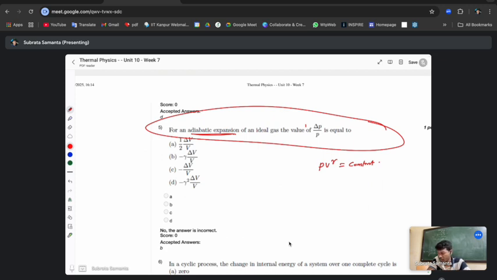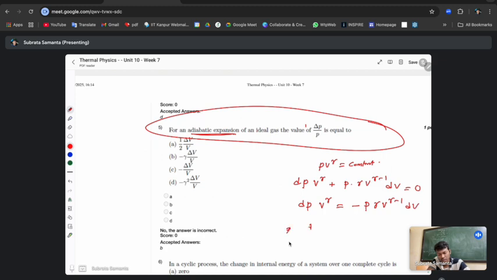Differentiating this equation, we get dP V to the power gamma plus P times gamma V to the power gamma minus 1 dV equals 0. So dP V to the power gamma equals minus P gamma V to the power gamma minus 1 dV.